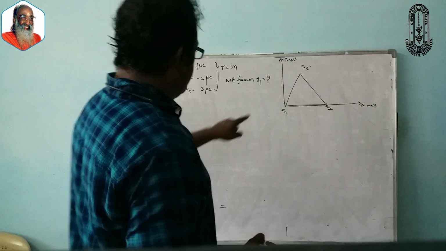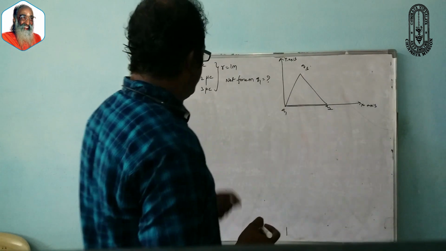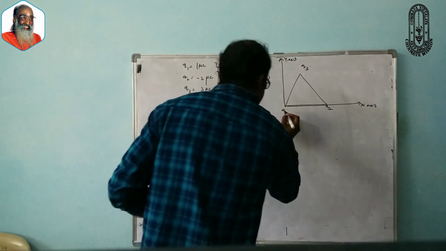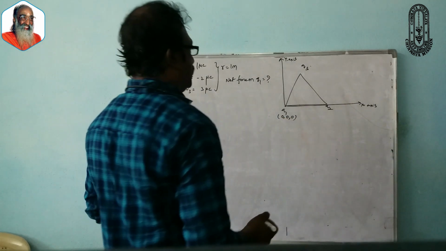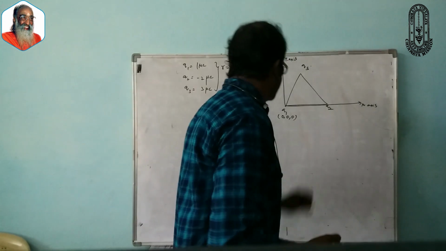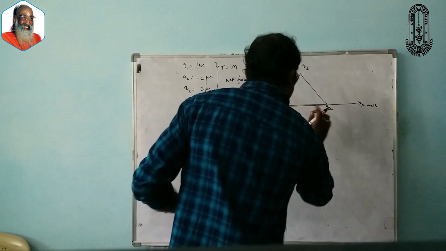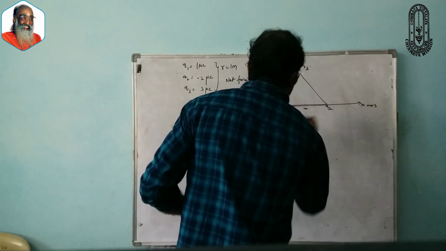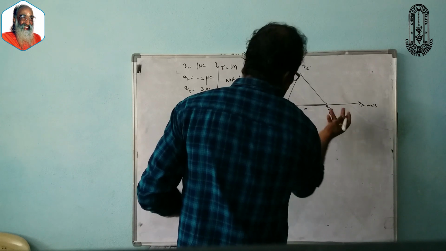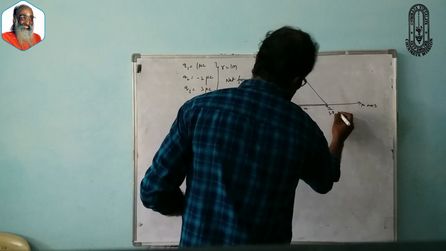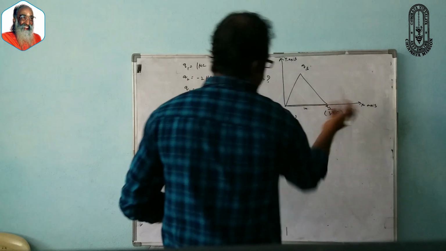So if this is the origin, what are the coordinates of this Q1? It is 0, 0 and 0. And coming to this Q2, what is the distance between Q1 and Q2? It is 1 meter. So on the x-axis it is 1, on the y-axis nothing is there, on the z-axis nothing is there, it is 0. So the coordinates are written like that.